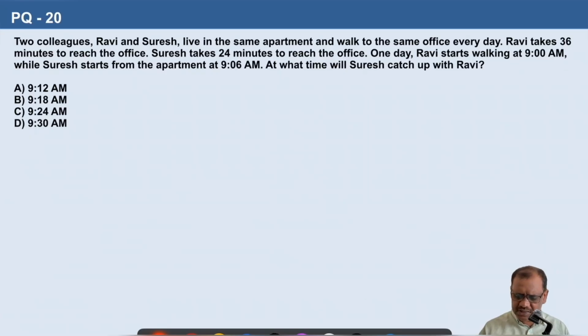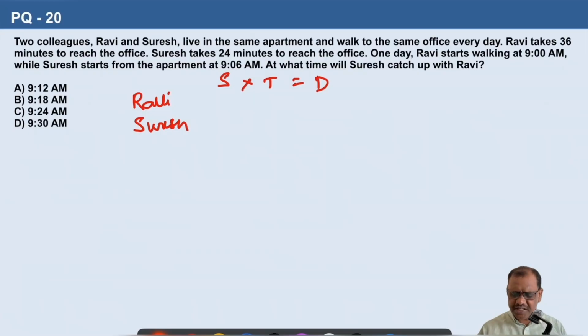We have two persons here, Ravi and Suresh. So we'll use the formula speed into time is equal to distance. Ravi takes 36 minutes while Suresh takes 24 minutes to reach the office from home.